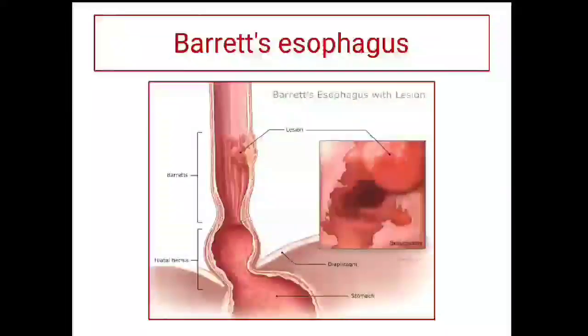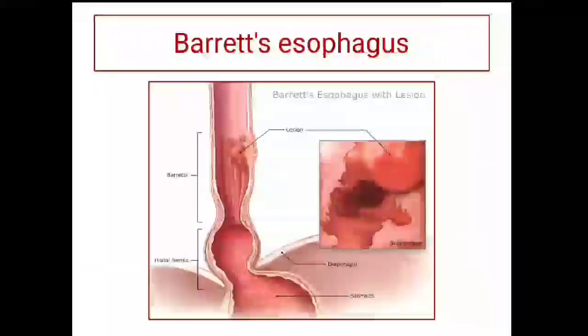On the other hand, the dark red, granular, velvety mucosa lying behind is the gastric mucosa. In Barrett's esophagus, the lower part of the esophagus loses the squamous epithelium and it gradually becomes replaced by columnar epithelium.